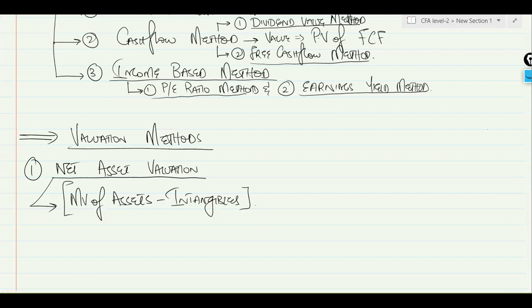So we exclude the intangibles from the assets, and then we deduct the market value of liabilities, and we get the net asset value of business. Or just say net asset value.